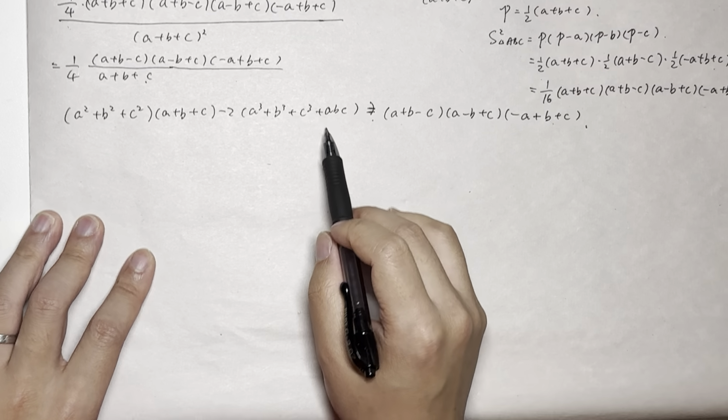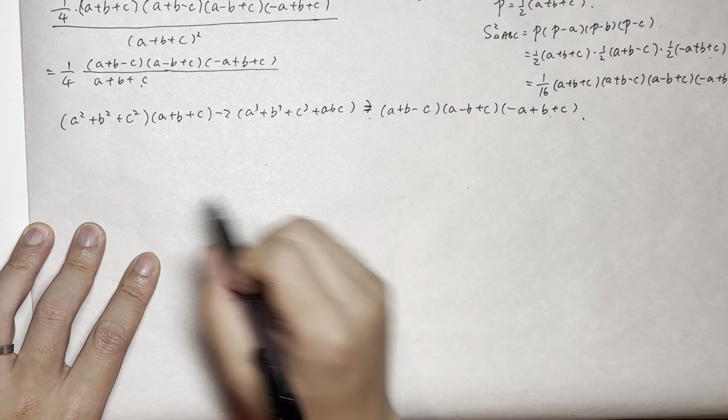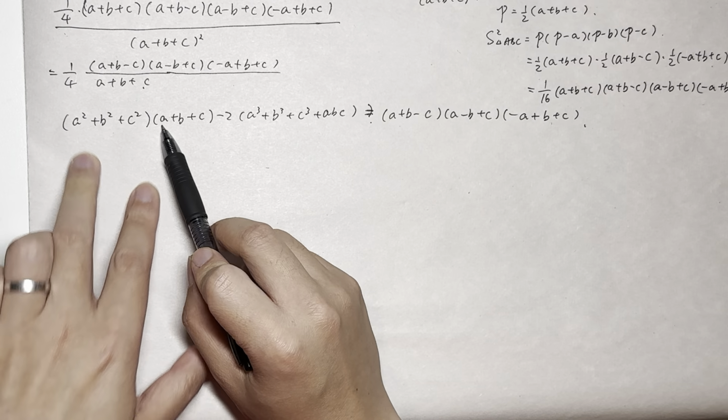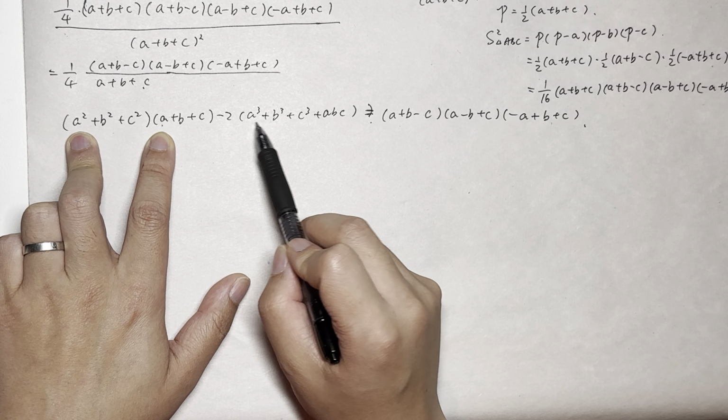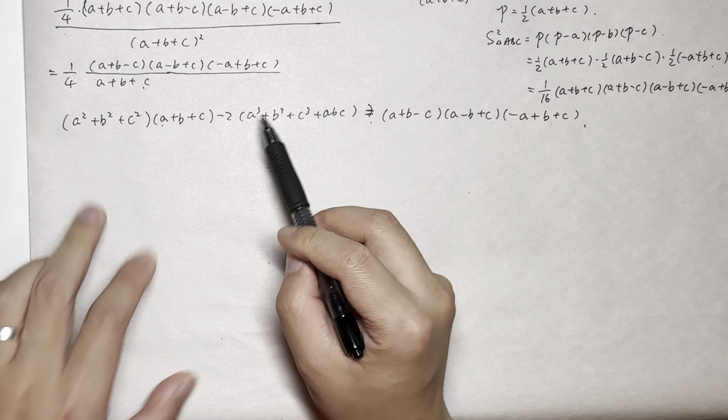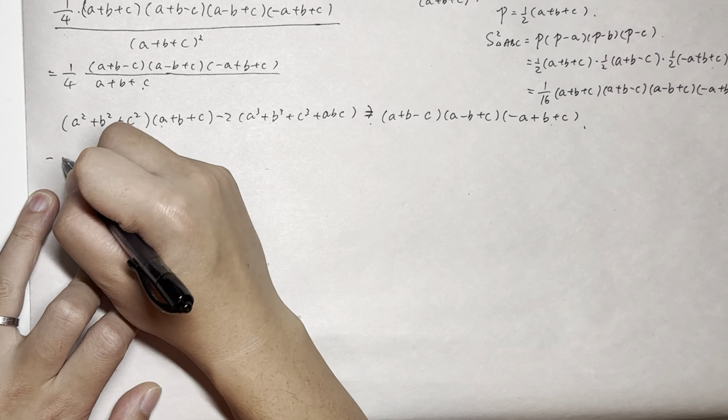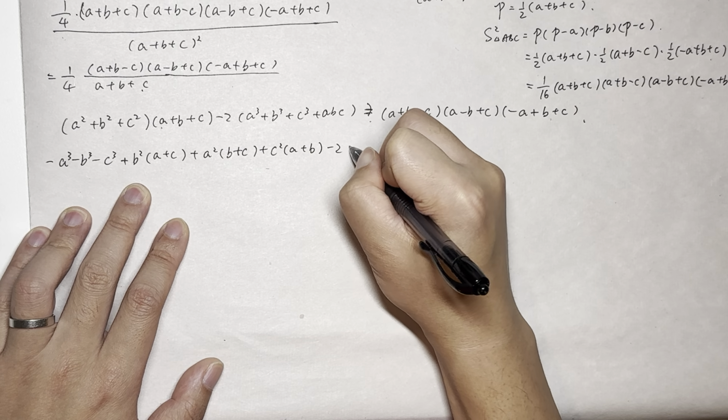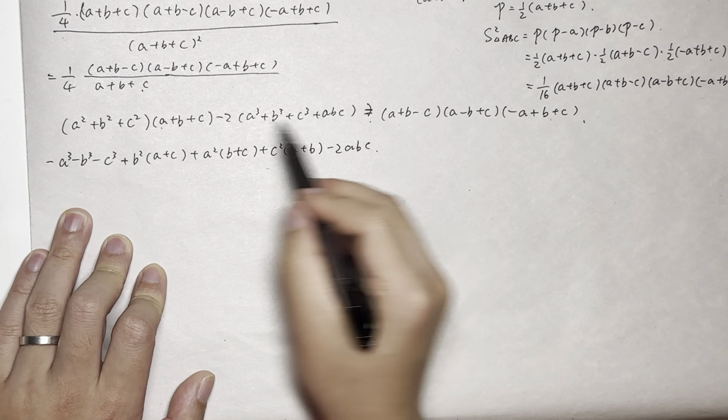So we expand the left part: a to the power 3 minus twice of a to the power 3, so we have 1 left, so minus a to the power 3 minus b to the power 3 minus c to the power 3, and then we have plus b squared (a plus c) plus a squared (b plus c) plus c squared (a plus b), and minus twice of abc. That's the left side, right?